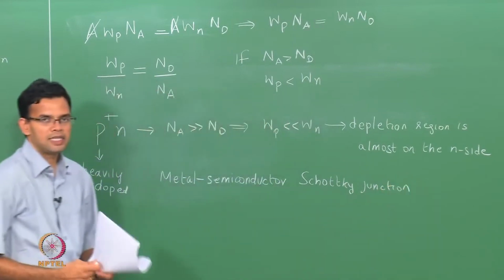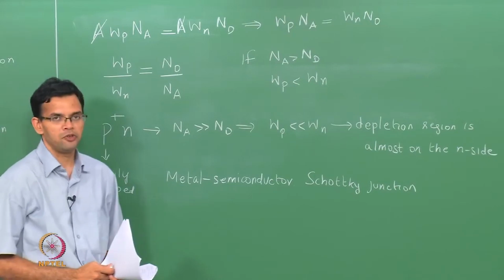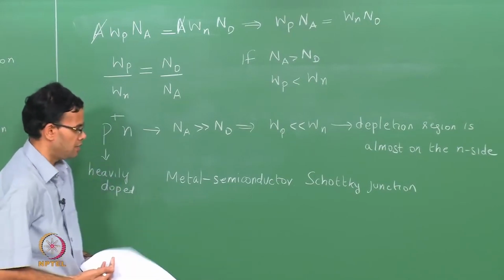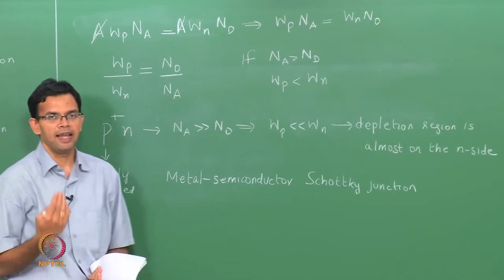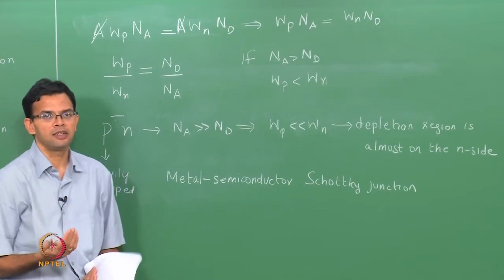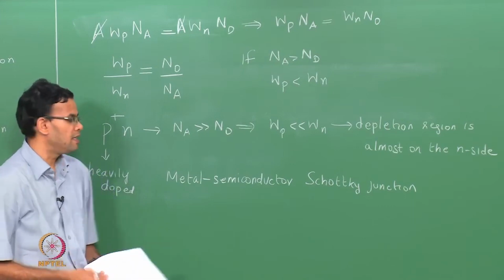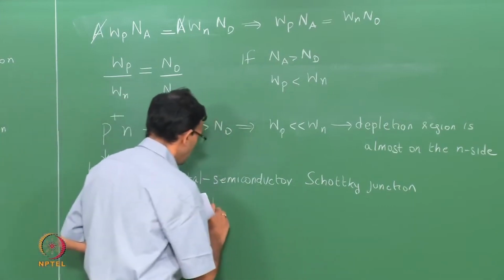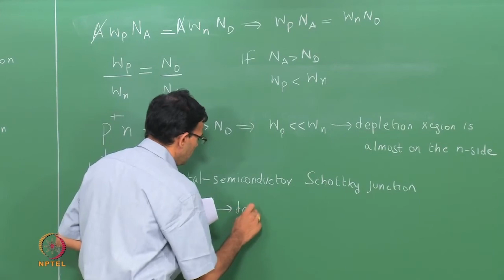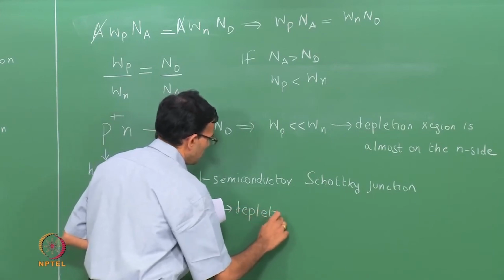We saw this last class where we formed the junction between the metal and the semiconductor, and we had electrons moving from the semiconductor to the metal, so that you had a depletion region, and the depletion region was almost entirely on the semiconductor.